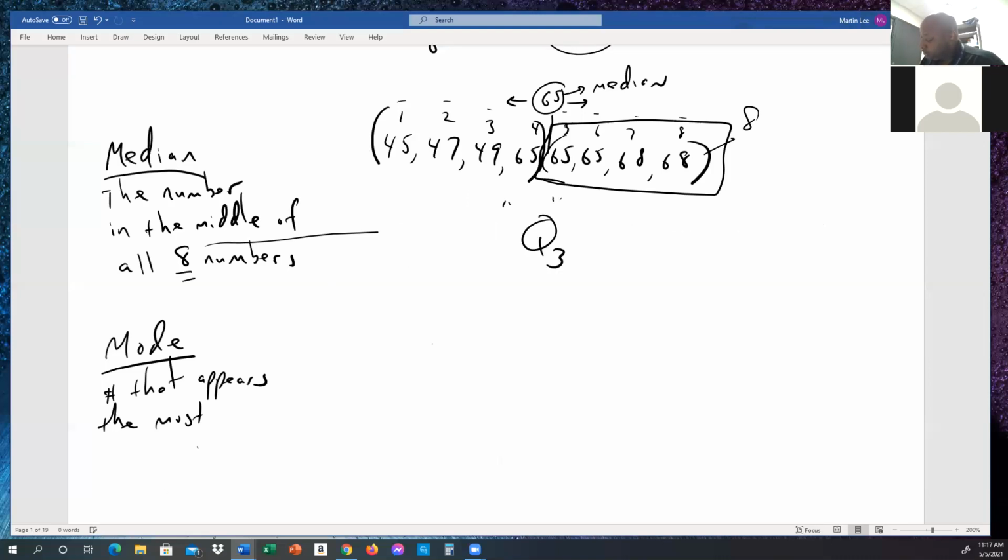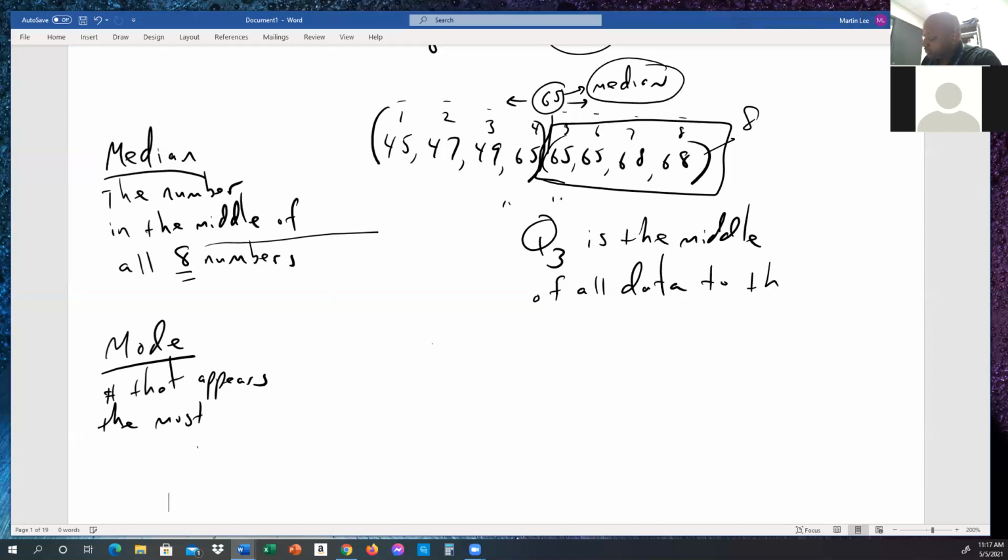Q3 is the middle number of all data to the right of the median. And this median is the median from the original set of data.